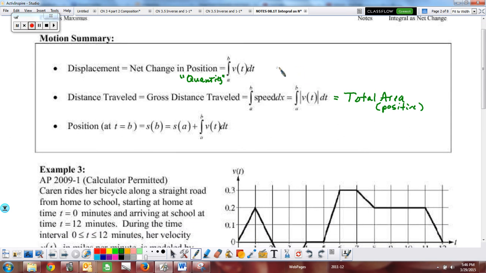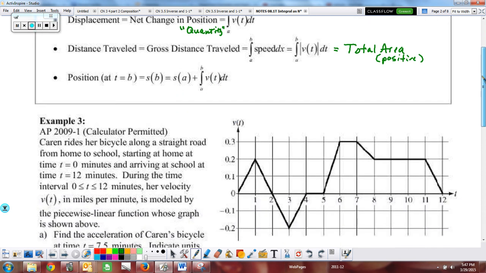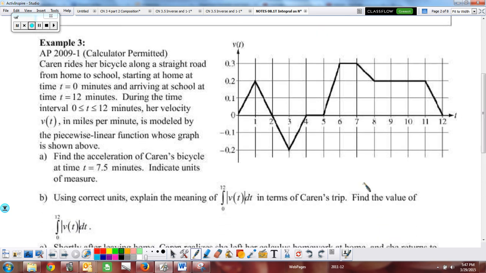Displacement is positives and negatives added in. You are moving forward if it's a positive velocity, moving backwards if it's a negative velocity. All right, and then your position at any time, S of B, is always found by where you were plus your net change in your position. Where you were plus your net change. So those are the key features that you're going to see in your AP problems, especially in the free response.